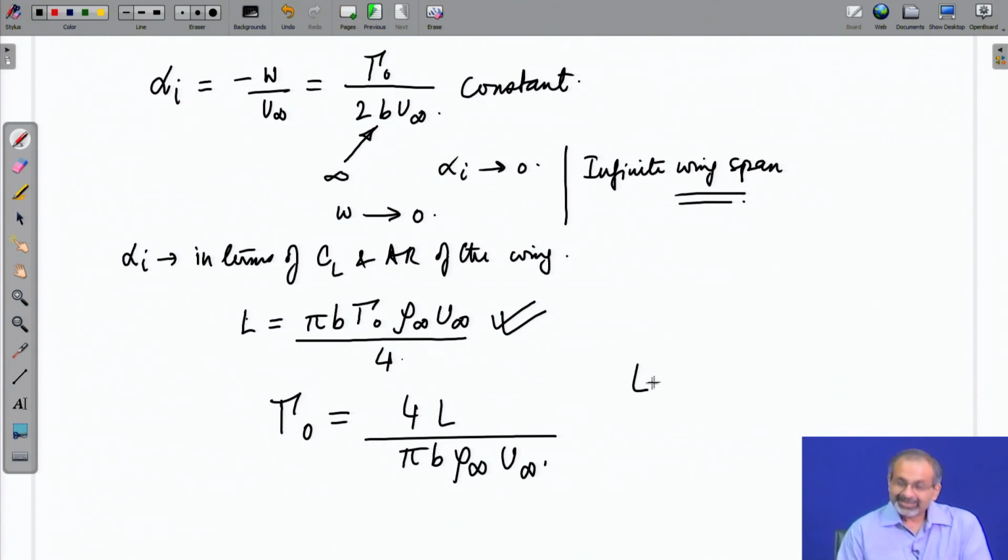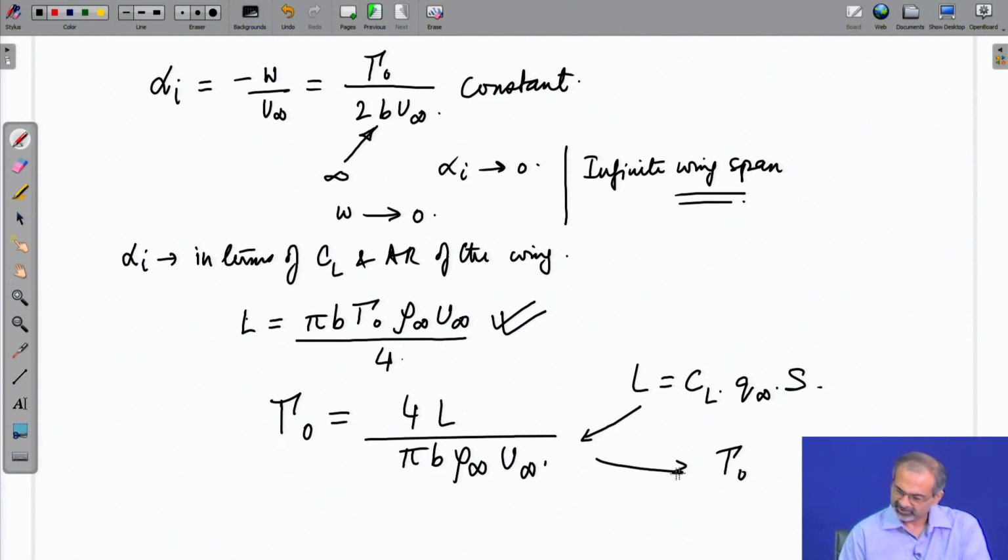Again, we remember that L by definition is CL into Q infinity into S, and therefore, if you plug that in into this equation, you will finally come up with the expression that gamma naught is equal to 2 CL u infinity S by pi b.